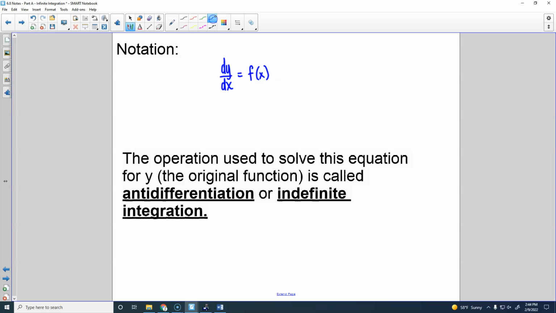One thing I'm going to show you here: if I multiply both sides by the dx right here, it's going to cancel on the left-hand side. And then if I integrate on both sides, when I integrate dy, I'm going to get y. And over here, if I'm integrating lowercase f, I would get capital F of x. And then we always put the plus c there on the end.